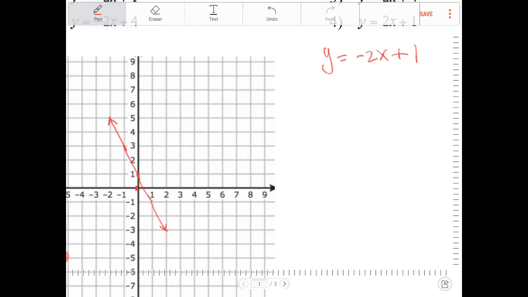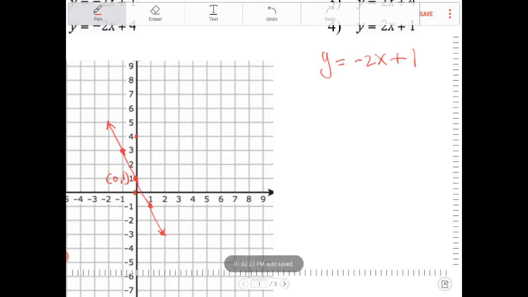So when we dilate something over the origin, all of these points are going to be multiplied by a factor of 4. So I want to multiply (0, 1) by a factor of 4, and I will end up over here. I want to multiply (1, -1) by a factor of 4, and I'll end up at (4, -4).